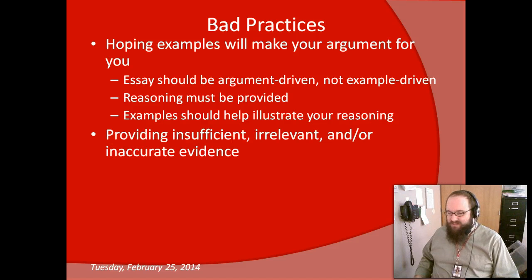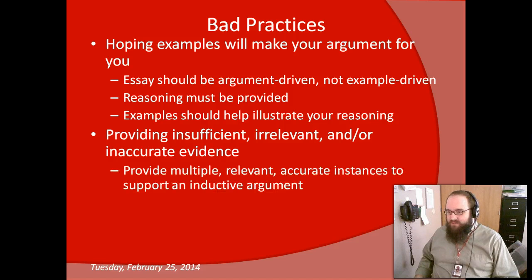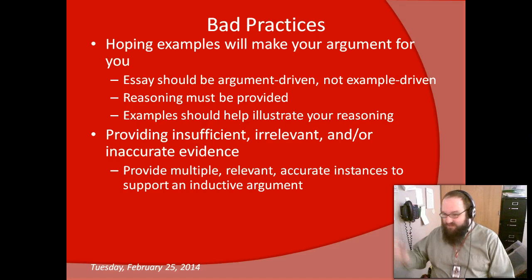Another bad practice, providing insufficient, irrelevant, and/or inaccurate evidence. You want to provide multiple relevant, accurate instances to support any inductive argument. A big problem that we see when we grade these papers is a student will claim something and then refer to one thing that President Woodrow Wilson did back in World War I. They'll cite one thing that he did and just assume that's enough. Well, that's one instance.